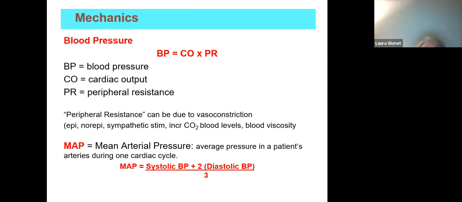So we know what cardiac output is. We have stroke volume times heart rate. And now we multiply that by peripheral resistance. And peripheral resistance can be due to vasoconstriction. It can be due to changes in the viscosity of blood, the thickness of blood.